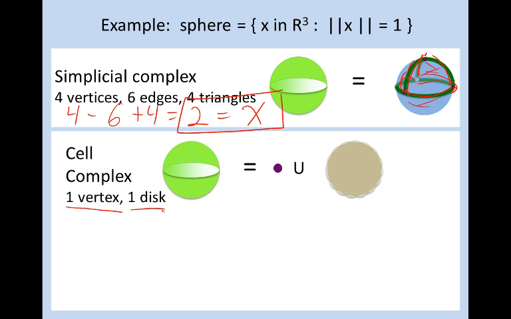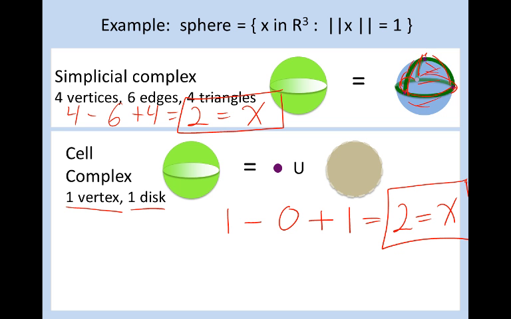So our Euler characteristic using the cell complex would be 1 vertex minus 0 edges plus 1 two-dimensional disk. I get 2 for my Euler characteristic. The nice thing about cell complexes is I don't need as many objects to create the cell complex, so counting them can be easier. So we'll create the sphere as a cell complex.